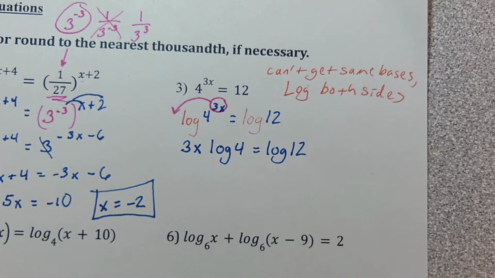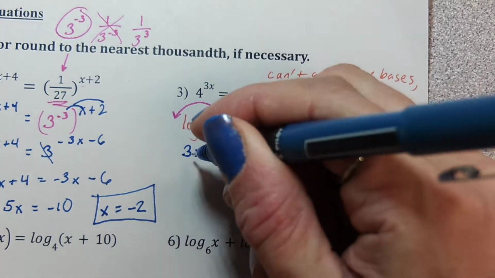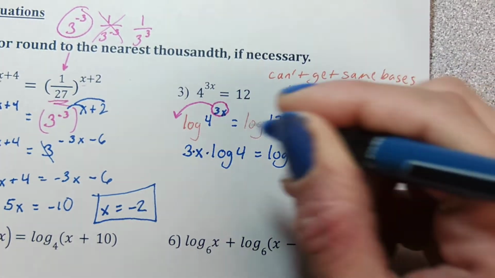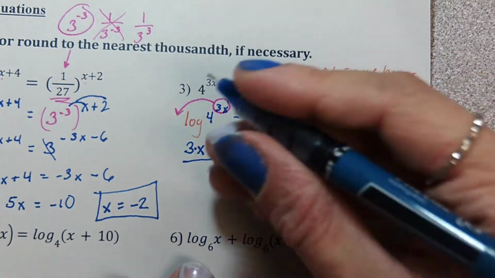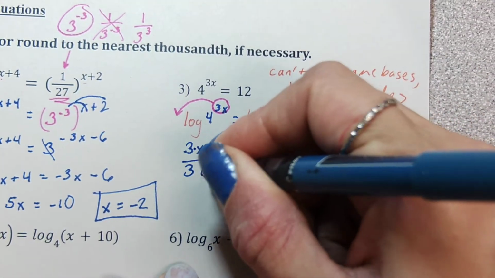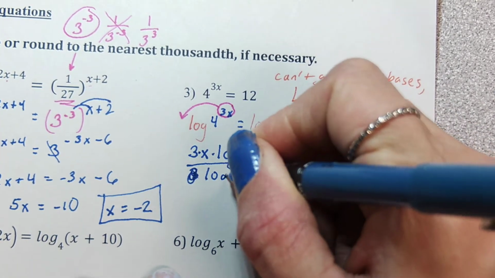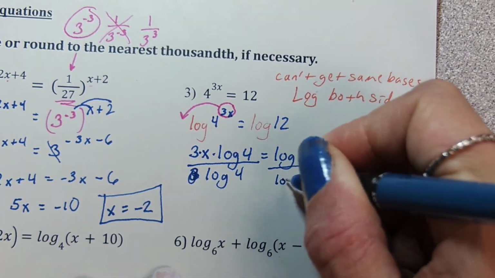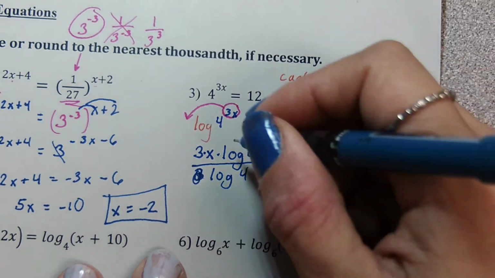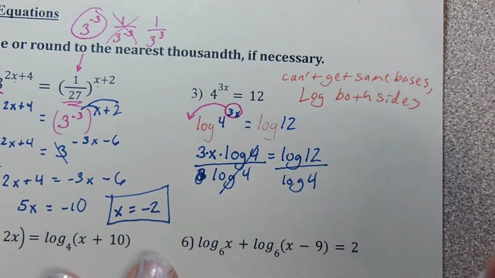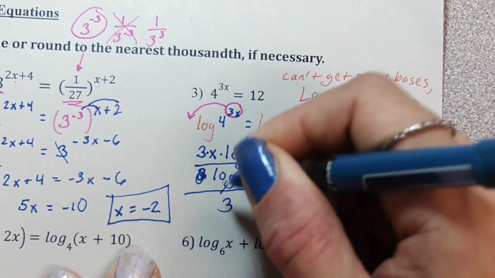From here, if we want to try to isolate our x, this is 3 times x times common log of 4. So I can divide by, actually, let's just divide by log 4 first. That's going to give me something gross probably. And then I'm going to divide by 3.